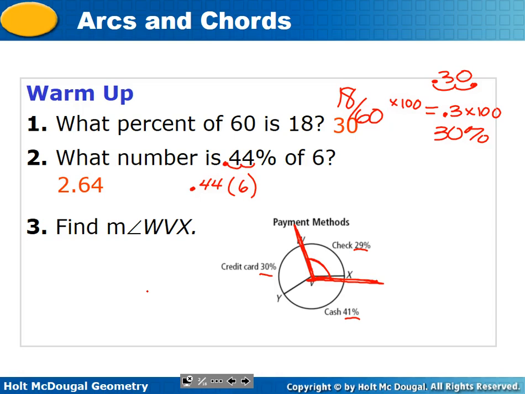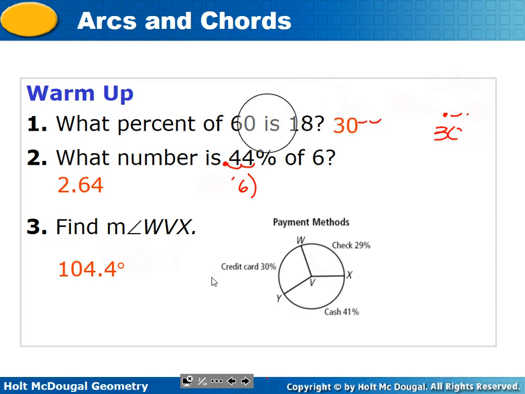So I'm going to multiply 0.29 times 360, and that's going to give me the measure of that angle, and that's 104.4 degrees. So once again, just refreshing y'all's memory on how to do problems like this, because these are the types of problems with percentages that we're going to deal with in this unit.